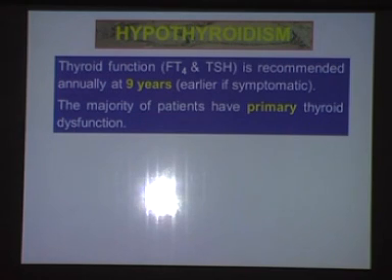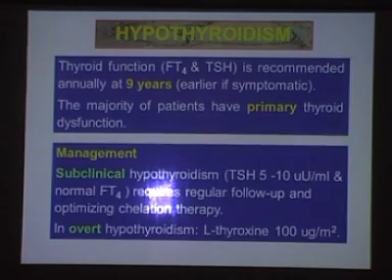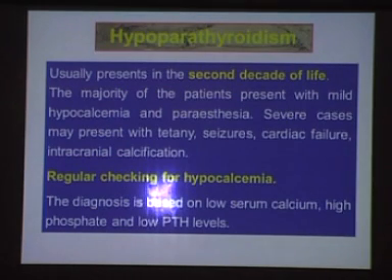The majority of patients have primary thyroid dysfunction. If it is subclinical, with a high TSH of 5 to 10 and normal free T4, this will just require regular follow-up and optimizing chelation therapy. In overt hypothyroidism, we give thyroxine.